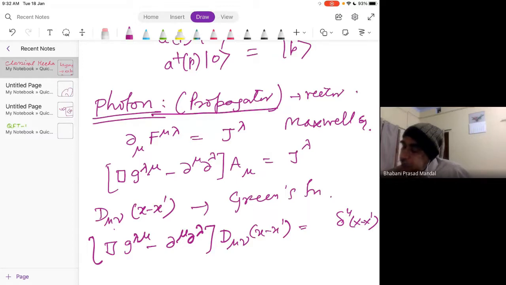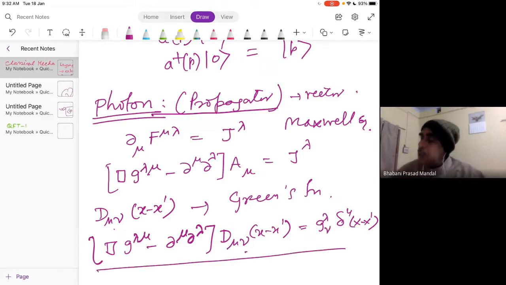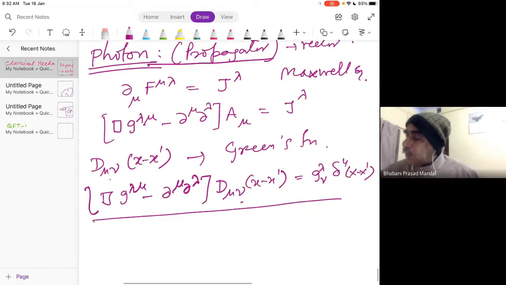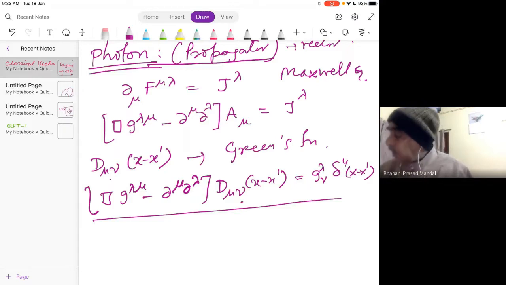There are two free indices, one is nu, one is lambda. So that also has to be taken care of. This is the definition of the Green's function for the vector field. Compared to the earlier case, this factor is additional and there is no minus sign this time. I told you that by convention, this can itself give some minus sign, so we cannot take a minus sign in this case. So this is my definition of Green's function, where this is my propagator or Green's function.